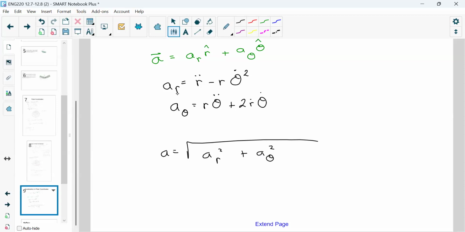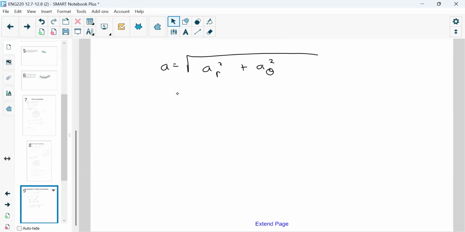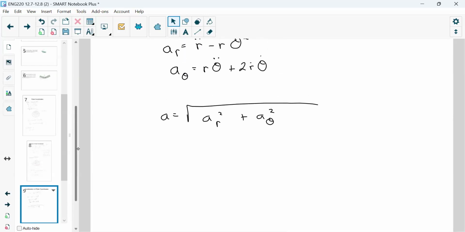This might be a combination of my notes and Alex's notes, which is maybe why I got myself turned around. So a sub r is our acceleration along the radius.